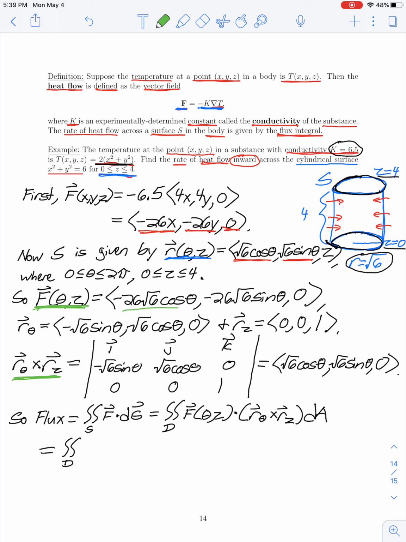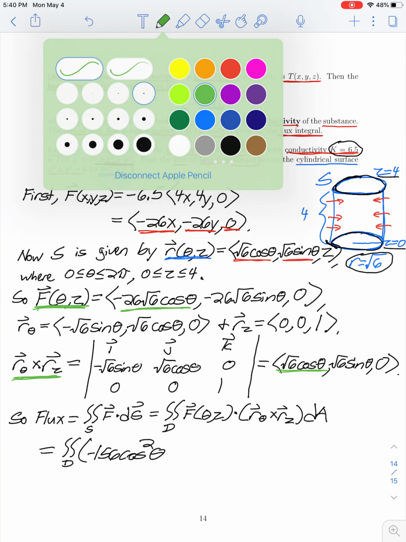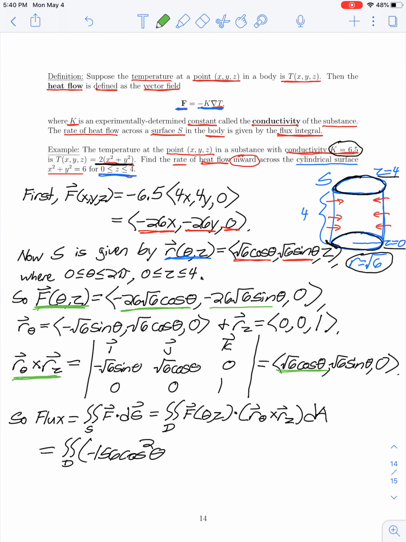So for the product of the first components, we have negative 26 times 6, which is negative 156 cosine squared theta. Then for the next term, we have negative 26 root 6 sine theta times root 6 sine theta.